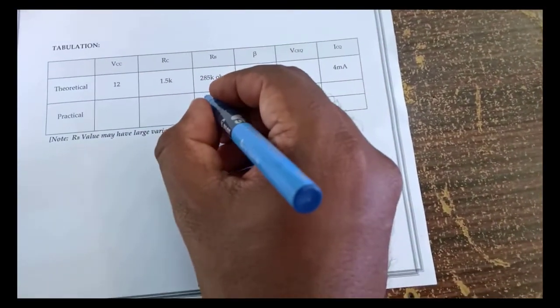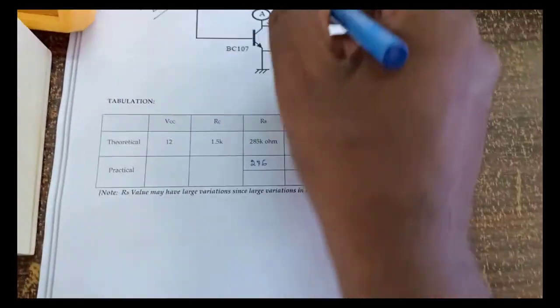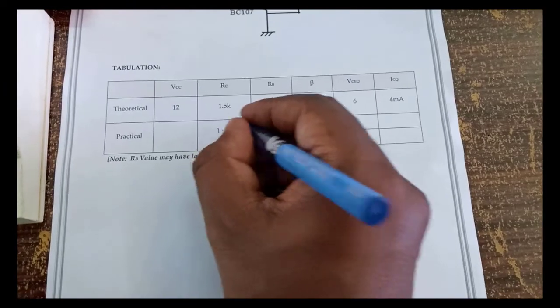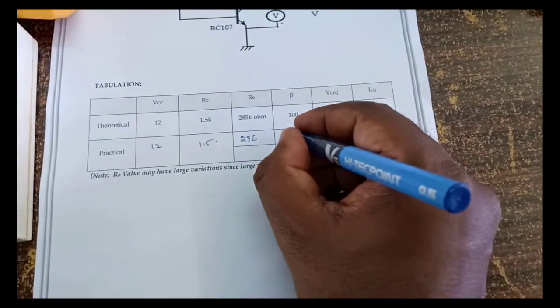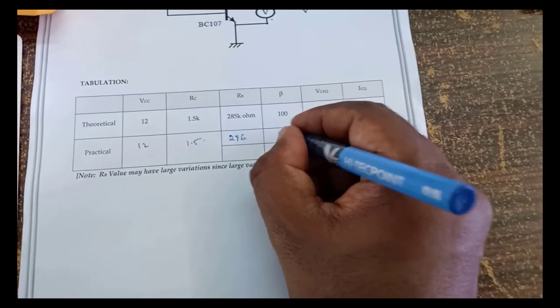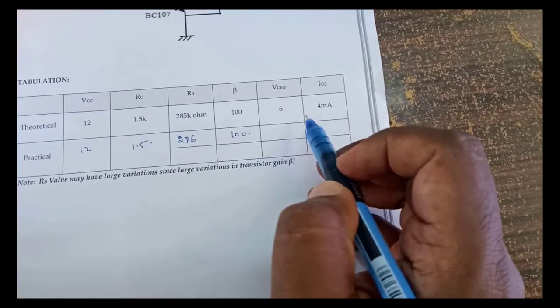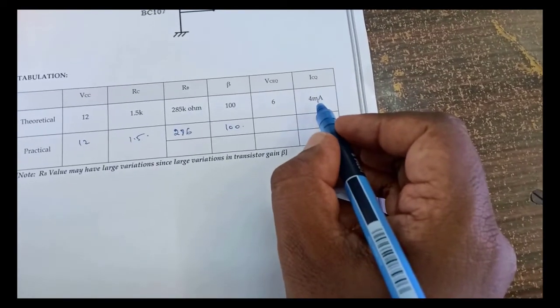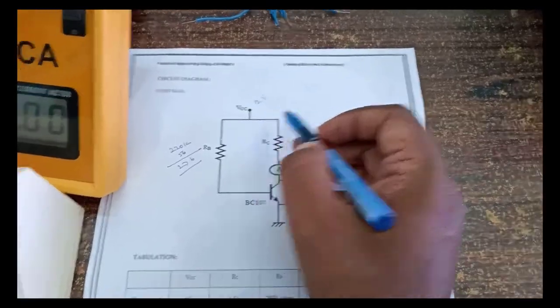So here the RB value is 276, RC is 1.5 and VCC is 12. We designed this for beta equal to 100. Our required operating point is VCE and ICQ of 4 milliamps for a 12 volt supply.